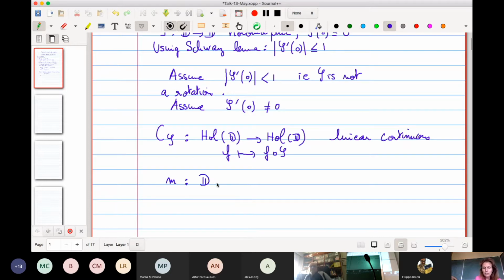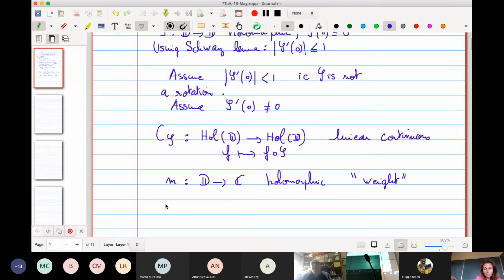So m is a holomorphic function from D to C, which is the weight.